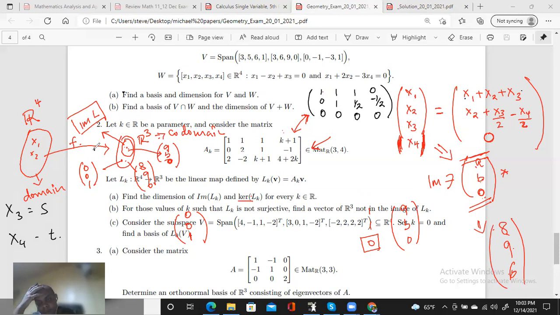When they say the image is 3-dimensional, is it? A dimension is calculated from the columns minus the number of pivots.